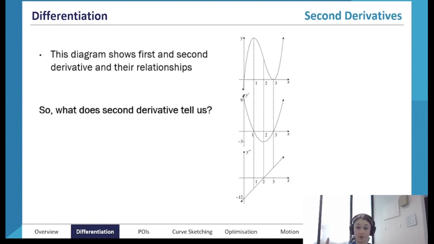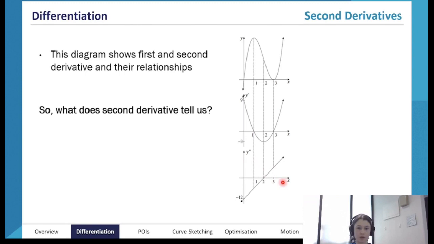And if I'm going too fast, you can absolutely pause the recording. As you can see, we have our diagram here. This curve is the original curve, y. The curve underneath is the derivative, y dash. And this third curve is the second derivative.